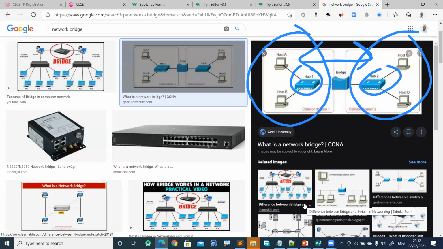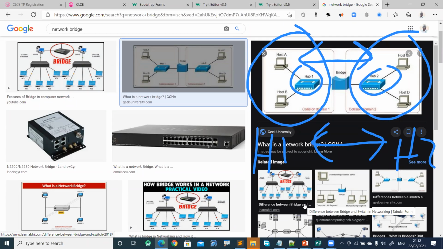Say for instance, in hostel number 1 and hostel number 2, you want to bridge them, to connect them together, make them one. You don't have to buy a switch, because a switch has many ports.